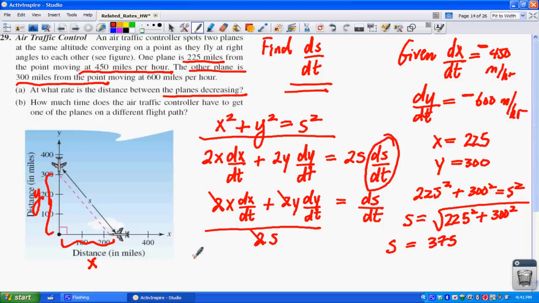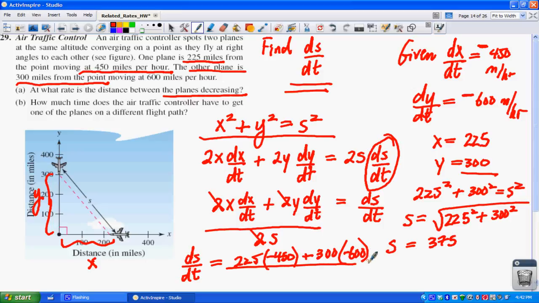So you end up with, let me write it out now, ds/dt equals, so x was 225, dx/dt was negative, so that's where they got the negative, because remember it's a decreasing rate, plus y, well, y is 300 times dy/dt, this guy right here, and that was given by the speed of that plane, which is negative.